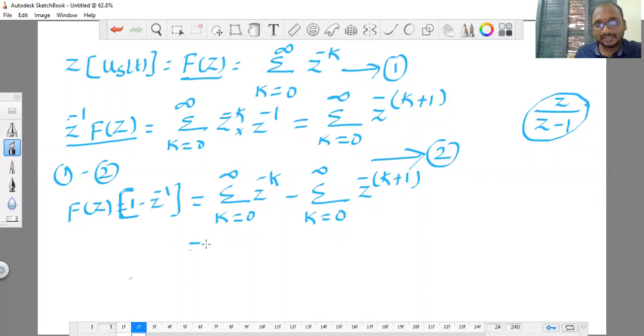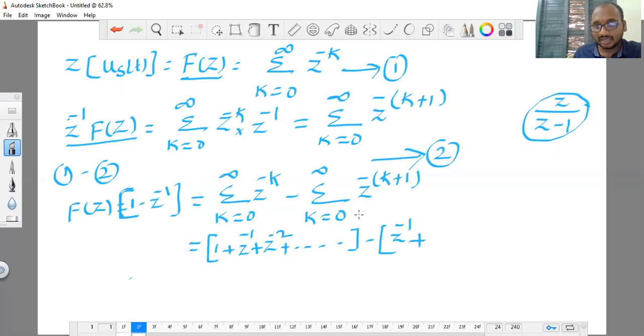Next, expand this. What is the first one? Z power 0 is 1. Next, z power minus 1 plus z power minus 2 and so on. What is the second expansion? If you put 0 in k place, it will become z power minus 1.